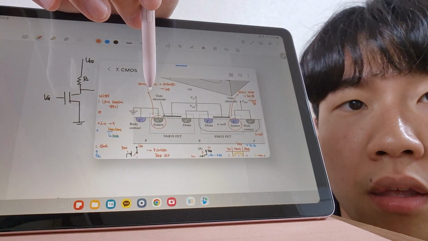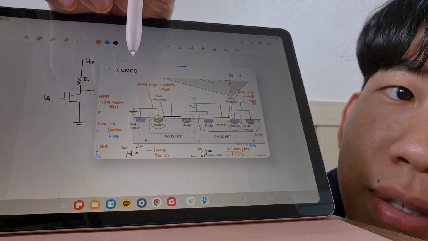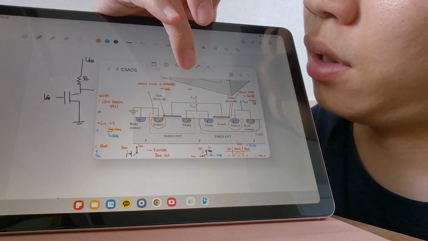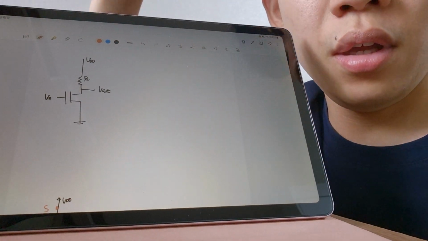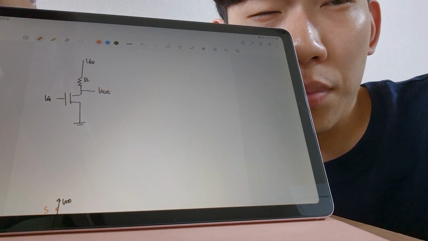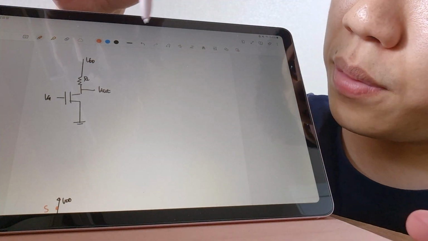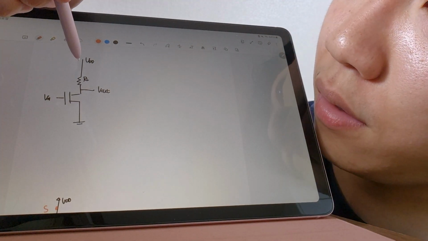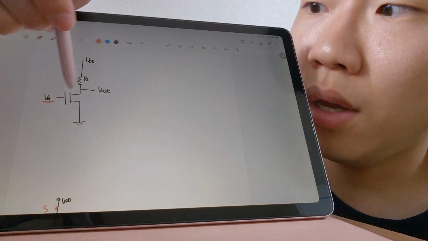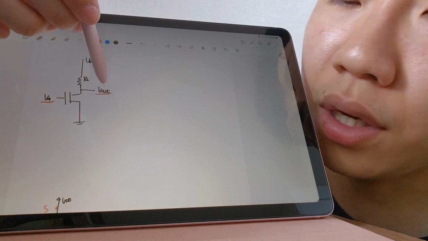Okay. Then why is CMOS useful? Let me think. In a single MOSFET, this is the input voltage and this is the output voltage.